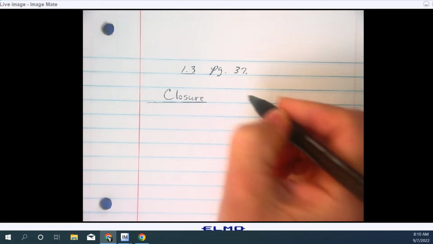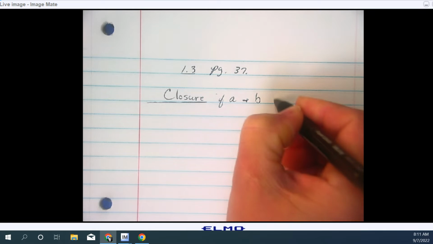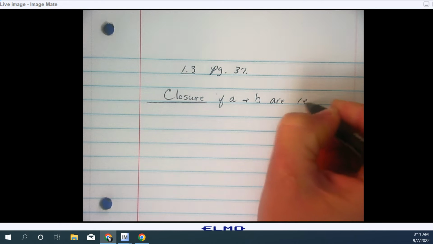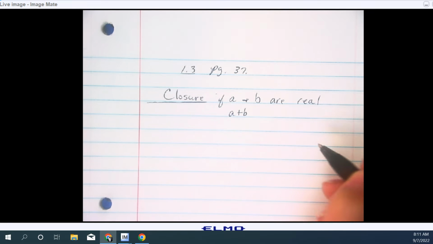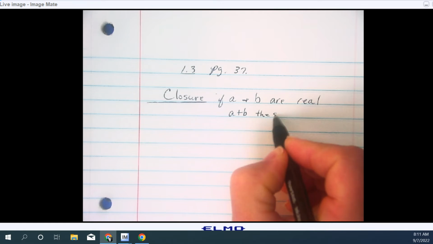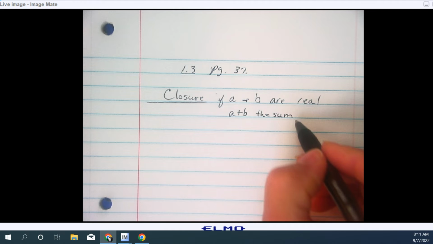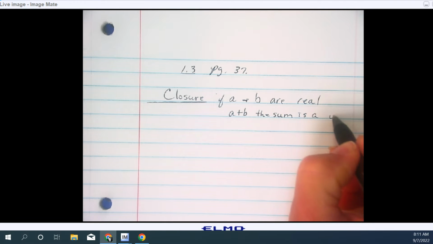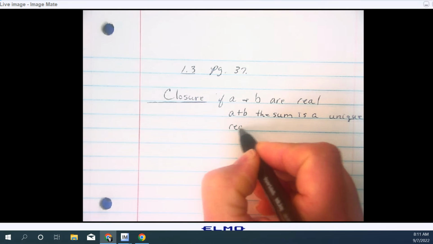So if A and B are real, then when you add A plus B, the sum, the answer when you add two numbers together, is a unique real number.